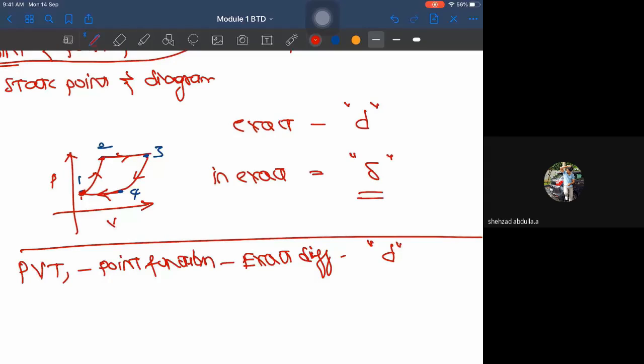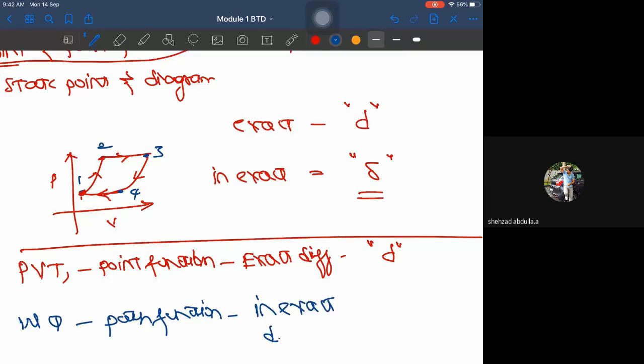Coming to the second point, W and Q are the work and the heat, which are path functions, and all the path functions are inexact differentials. To indicate the difference between inexact differential parameters, we use the letter delta. So this is the overall summary of point, path, exact and inexact differentials.